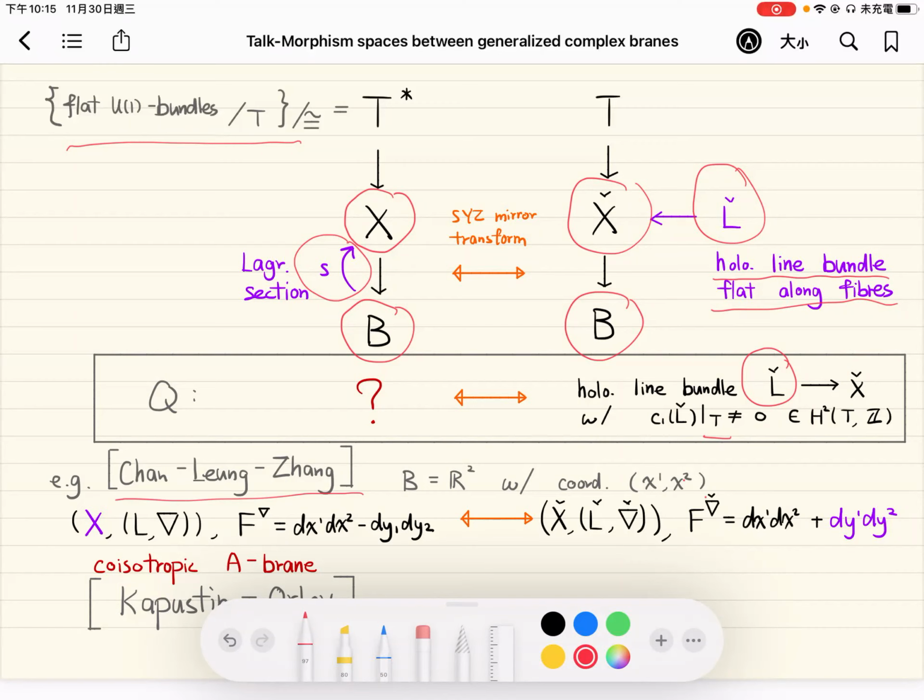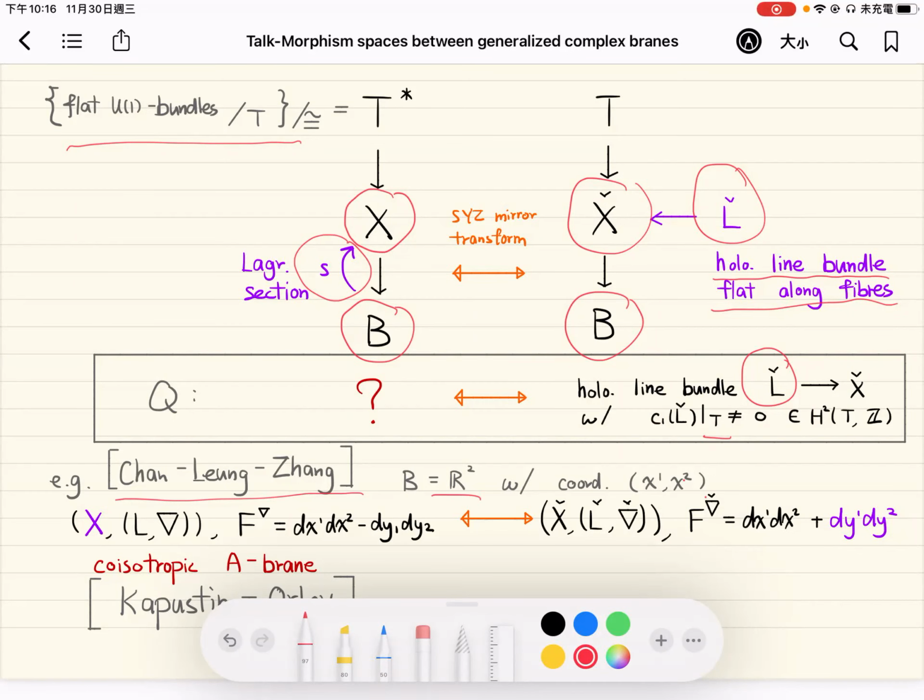Under the new setting of the SYZ transform, they write down a very explicit, concrete example illustrating how a holomorphic line bundle with non-flatness along the fibers corresponds to a brane on the other side. For example, we can pick the base affine manifold to be R^2, or you can take the flat 2-torus, but it doesn't really matter.